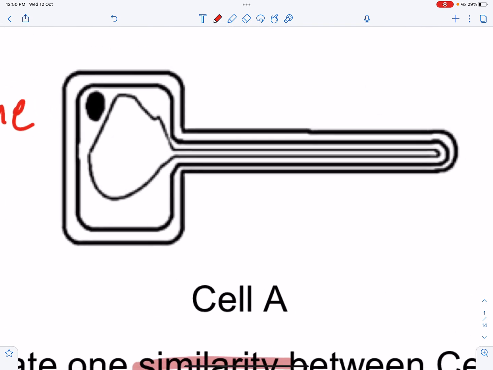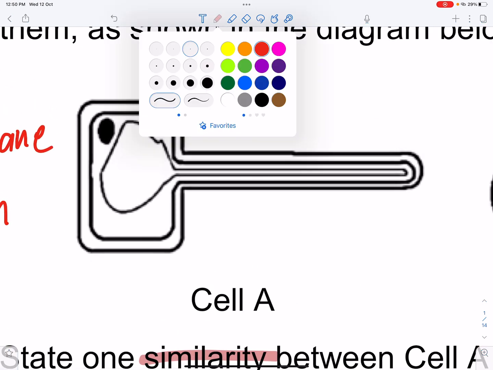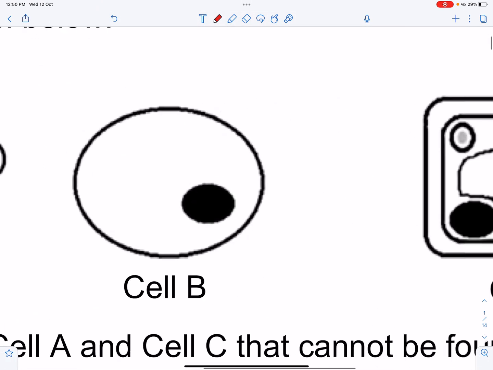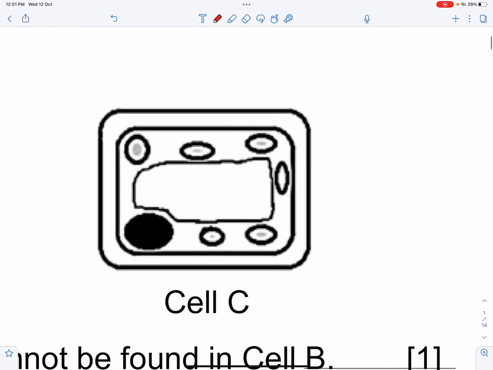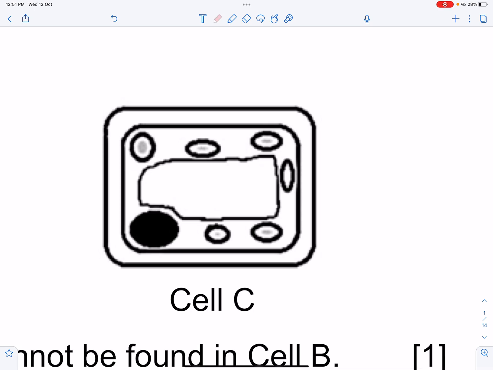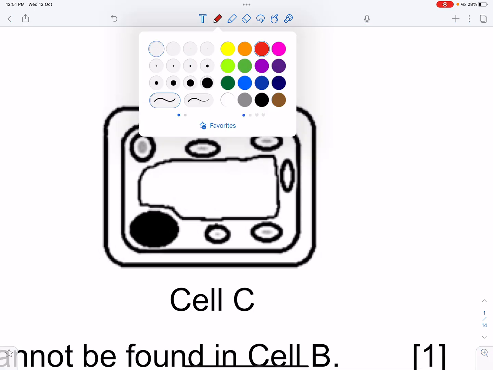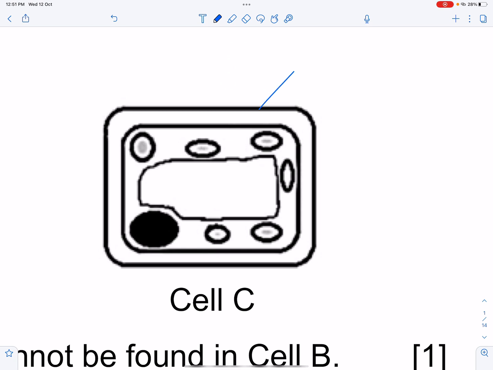Just in case you don't know which one is your cell wall, I'm going to do a very quick label revision using C, because C looks like a typical plant cell. So the one that is the outermost is known as your cell wall. If it's pointing to the layer that is inside, this is your cell membrane. And then the space over here, this is your cytoplasm.